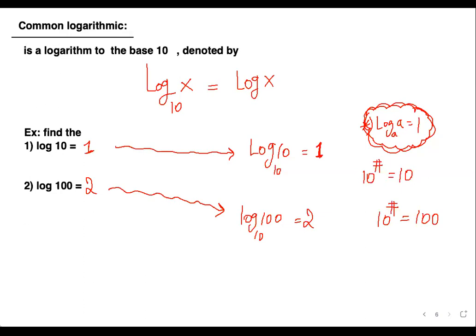So they asked for another example. My example here is number 3. Find the log of 10,000. What's the answer?